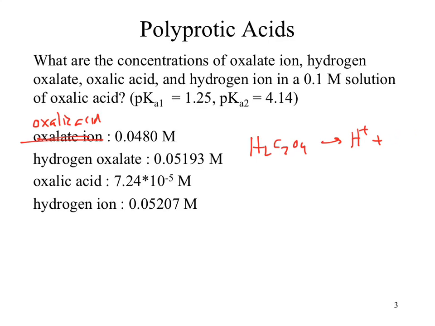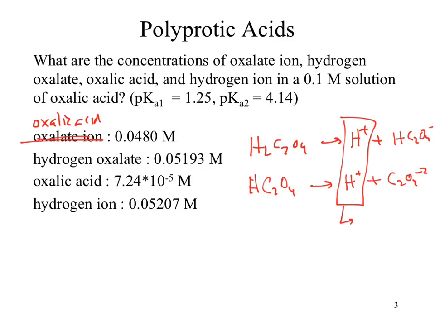It generates our hydrogen oxalate, and our hydrogen oxalate then generates H plus C2O4 minus 2. So to figure out our pH, we need to know the concentration of the hydrogen ion. Well, hydrogen ion is generated in 2 spots, so we would have to add these two to get our total hydrogen ion concentration.